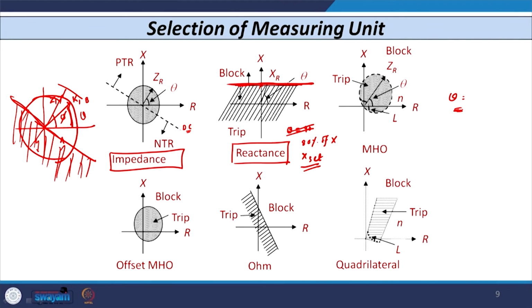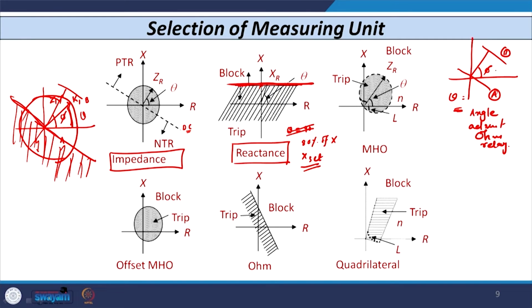Normally, this is the angle admittance relay, or sometimes it is also known as the ohm relay. In this type of characteristic, if this is the line to be protected between bus A and B, then this value is phi, which you can obtain with tan inverse X by R.